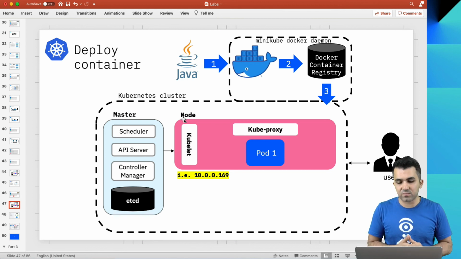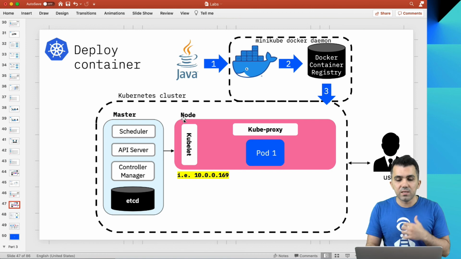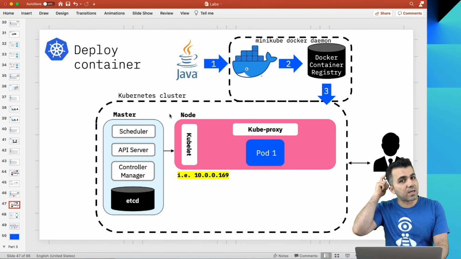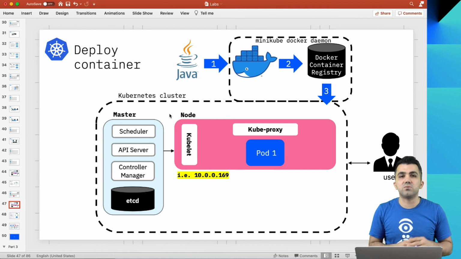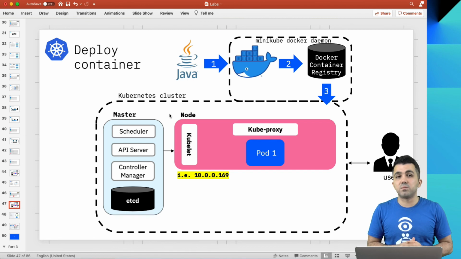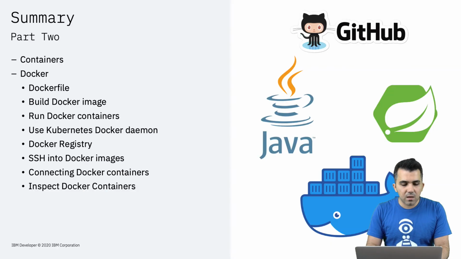There are ways to do that, obviously, but this is the subject for our next lab, where we're going to deploy the applications. First of all, push the container images into IBM Container Registry, and then deploy them onto Kubernetes.